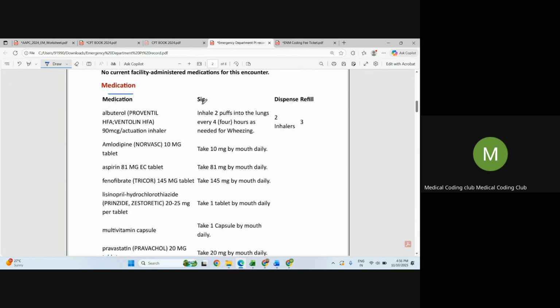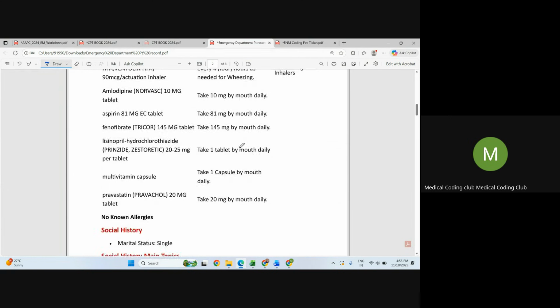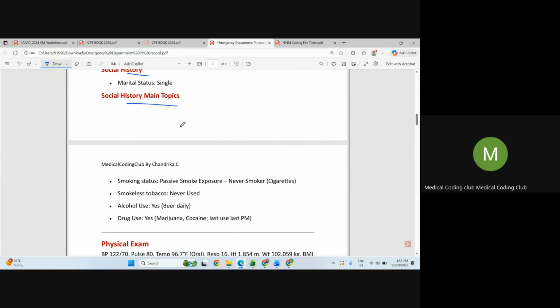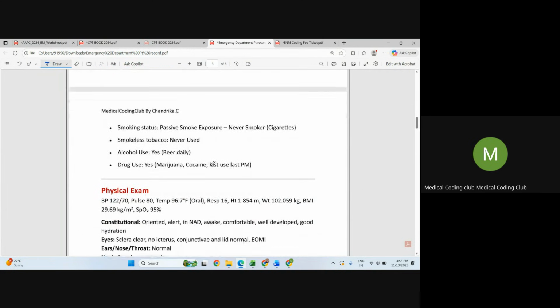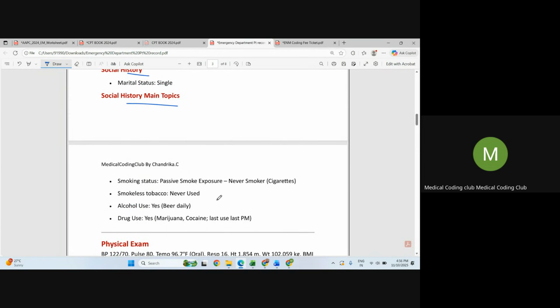You have to check medication usage whenever you are coding for chronic conditions. I'm not going to discuss these medications now. Next, social history. For all of these things, you can take time and take a glance. What is necessary in the record, that we will discuss.